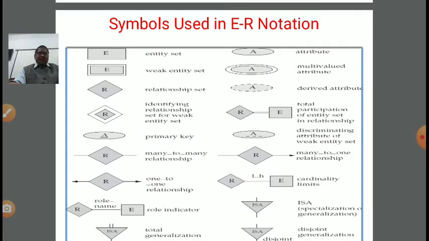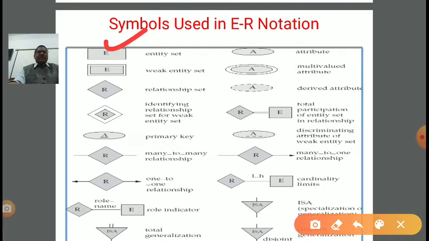So here if you see, the first notation is a rectangle, and inside the rectangle a capital E is written. It is an entity set. Now what do you mean by entity set? Entity set is any real life object which has certain properties. Suppose I am saying that customer is an entity, a real life object. It has some properties like customer ID, name, address, city, and many more attributes.